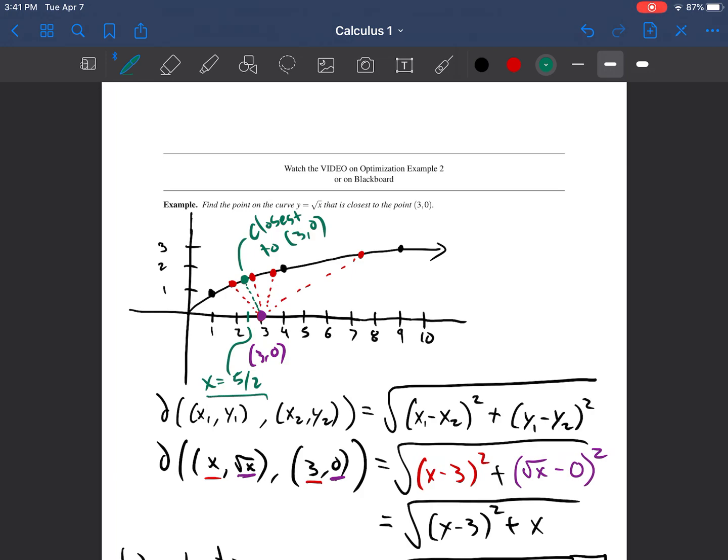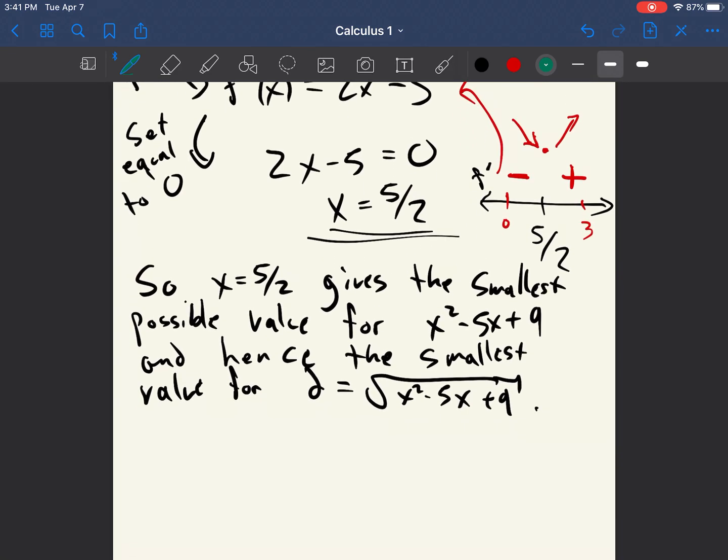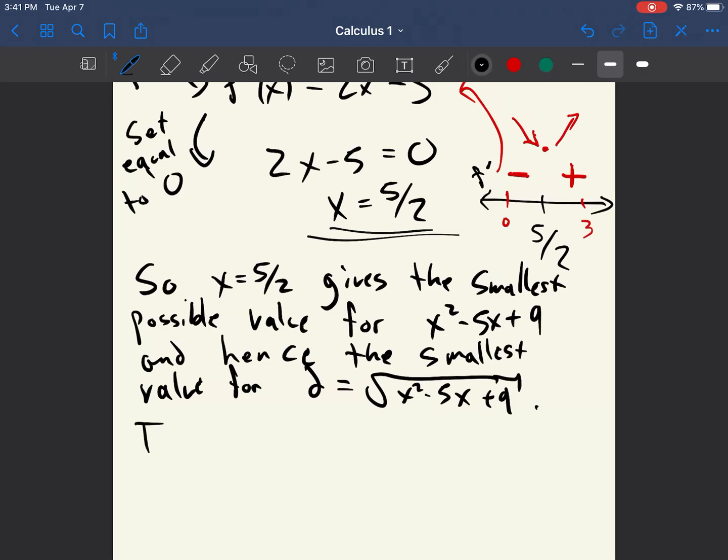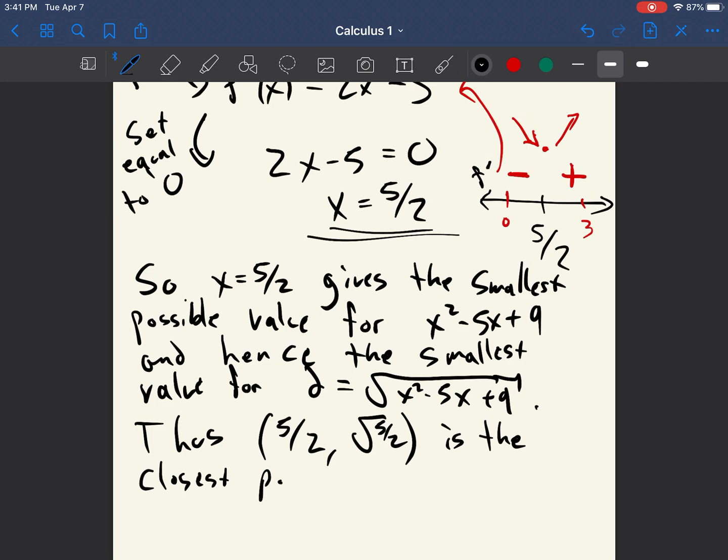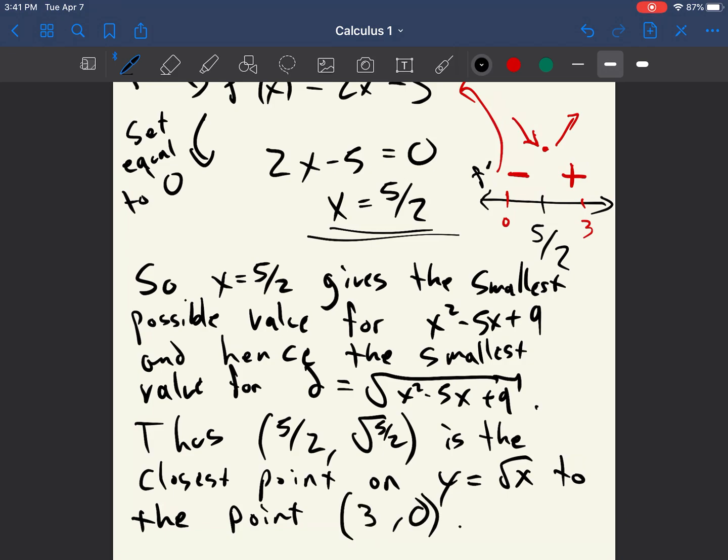And we've found its x value. And to find the y value, you just plug it into the function y equals square root of x. So we can write down, thus, 5 over 2, square root of 5 over 2 is the closest point on the function y equals square root of x to the point 3, 0.